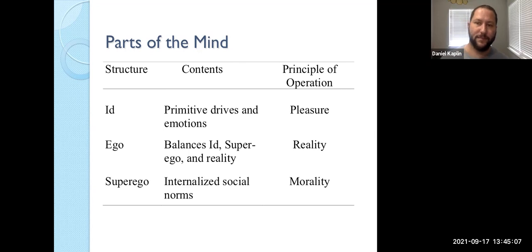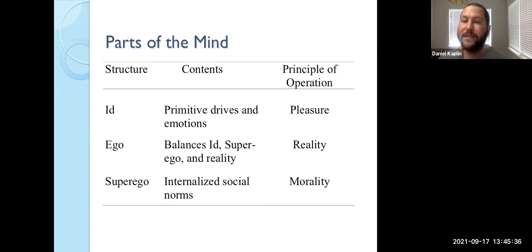It operates based on the pleasure principle, and it does not delay gratification whatsoever. The ego is interesting because the ego is your sense of self. It balances the needs of the id, or the drives of the id, and the values of the superego. So it's a mediator. It also helps us with defense mechanisms, cope with anxiety.